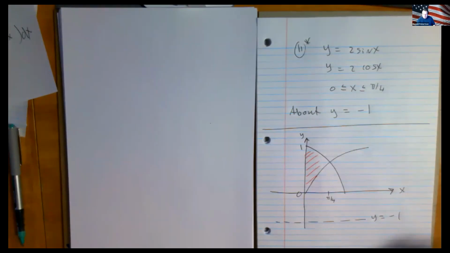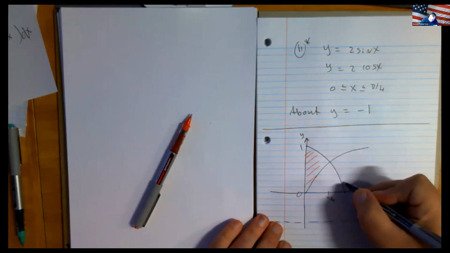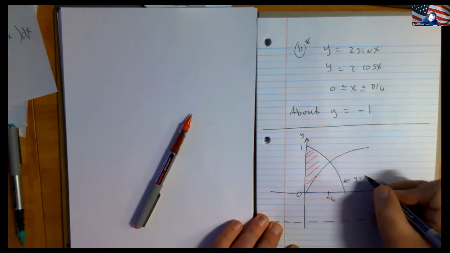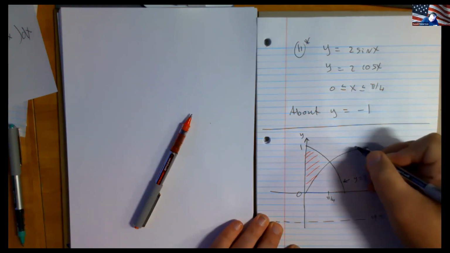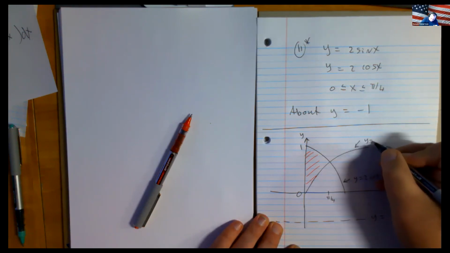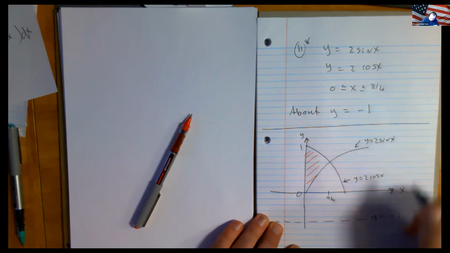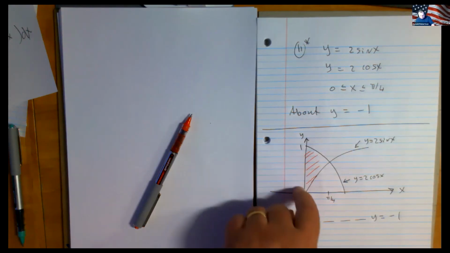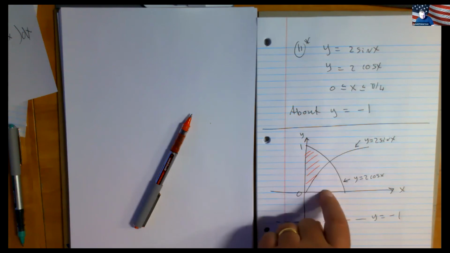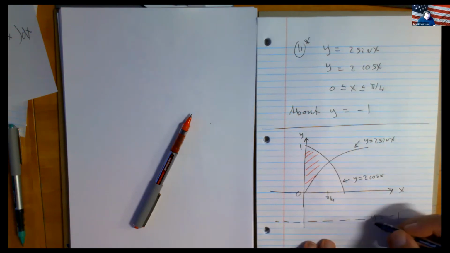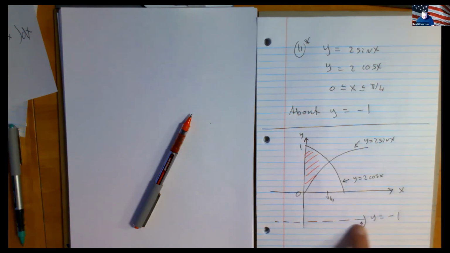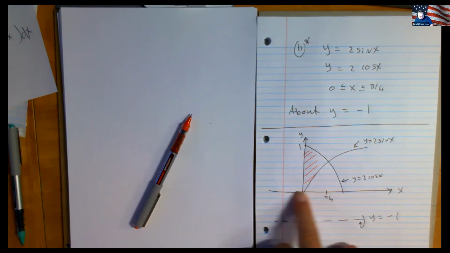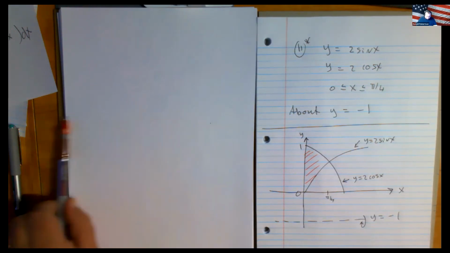There we go. So the cosine, oh, I should put the labels on it. This fella here is 2 cosine x, and this guy here is 2 sine x. This is the shaded region from 0 to pi upon 4. And we're rotating about y equals negative 1, which means that it's parallel to the x-axis.